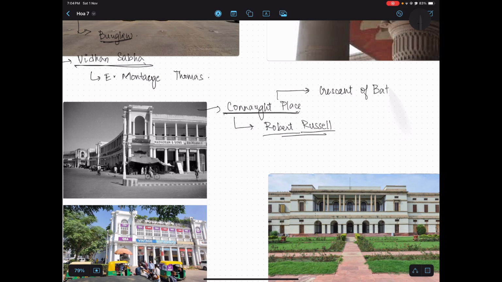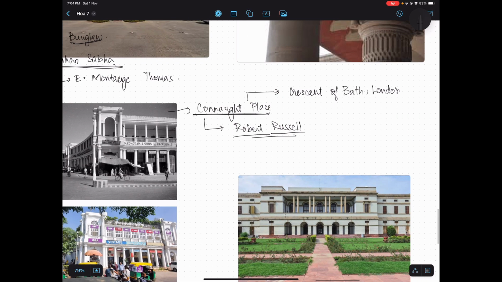If you see the picture, you can see how oddly familiar they both look. So the Crescent of Bath in London inspired Connaught Place, and the Crescent of Bath was designed by John Nash.